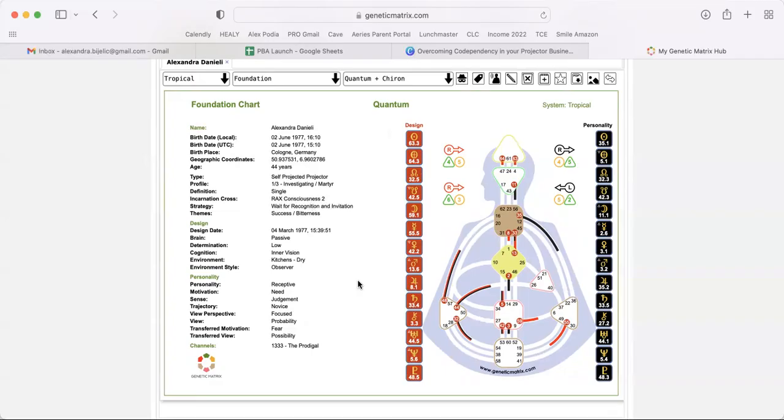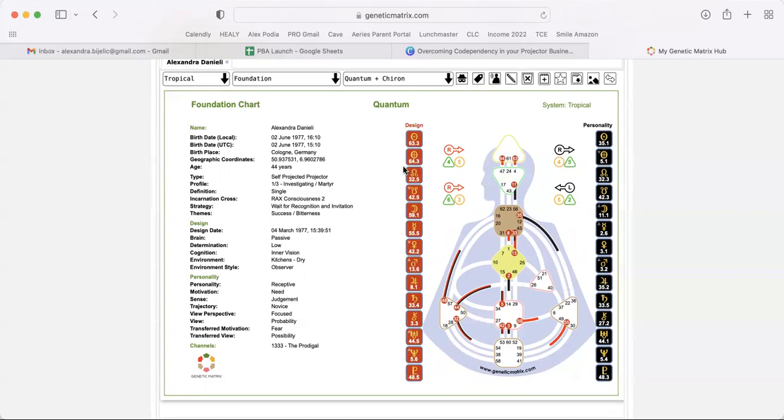So we see things very similarly in that way. We love everything consciousness expanding and that kind of stuff. So your incarnation cross is made out of these top 4 gates: your conscious Sun and your conscious Earth, and your unconscious Sun and your unconscious Earth.